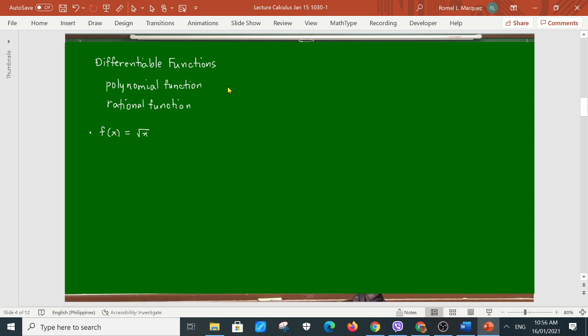By the way, among the transcendental functions, exponential functions are differentiable, logarithmic functions are differentiable in their domain, sine and the trigonometric functions too, as long as they are in the domain.